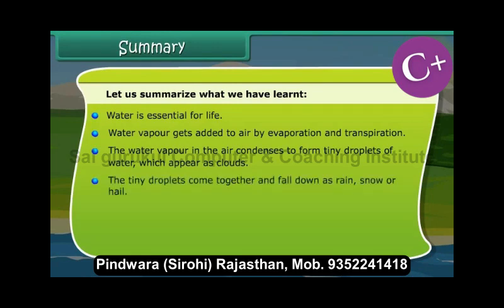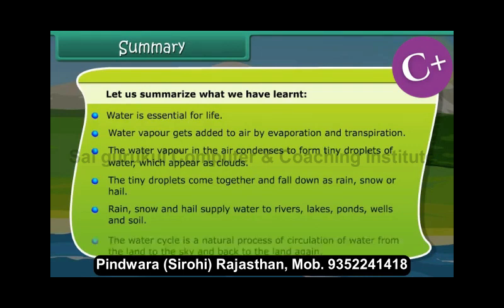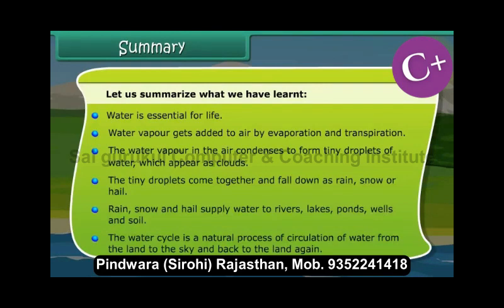The tiny droplets come together and fall down as rain, snow, or hail. Rain, snow, and hail supply water to rivers, lakes, ponds, wells, and soil. The water cycle is a natural process of circulation of water from the land to the sky and back to the land again.